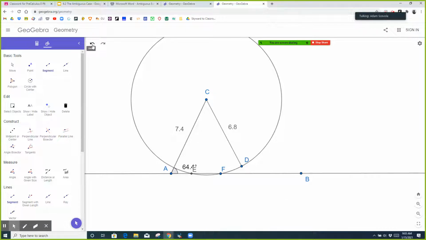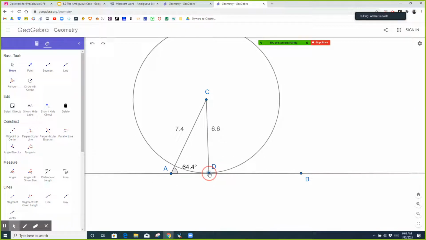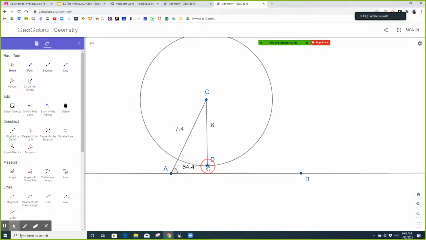Or maybe this side is just long enough so that it hits it, and it does make a right triangle. So point D could be where AD is perpendicular to CD, if that's just the right length. Or this might not be long enough.